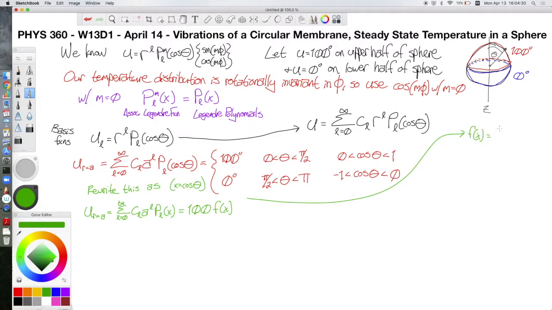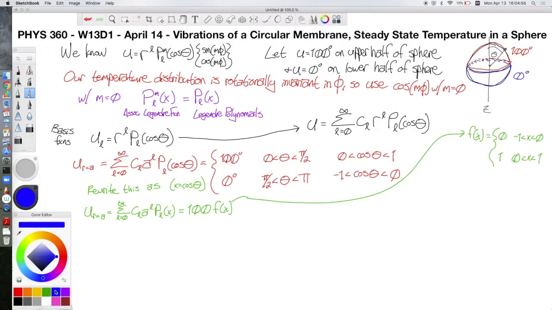F of x is just going to be equal to 0 when x is negative, and 1 when x is positive. I've also added the limits of 1 and negative 1 here because we do know that x is really cosine theta, so x cannot possibly have a value outside of 1 and negative 1.